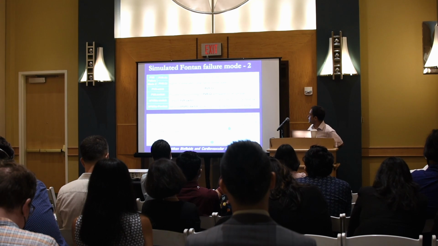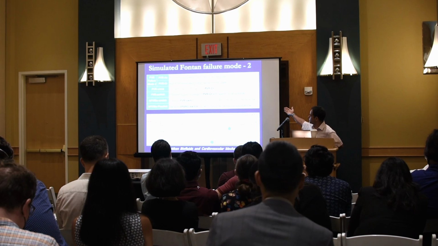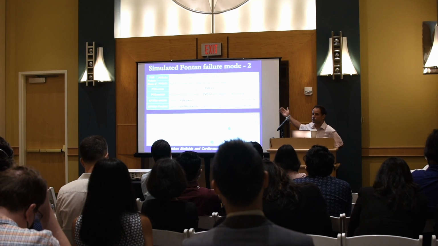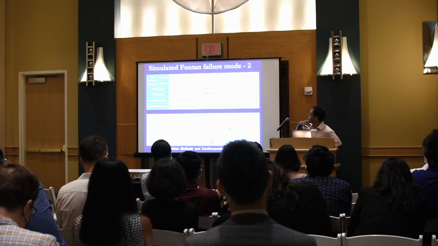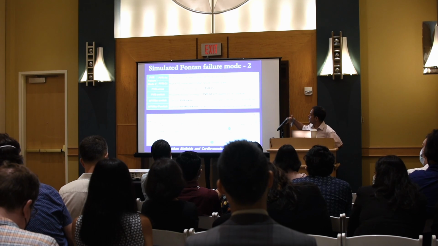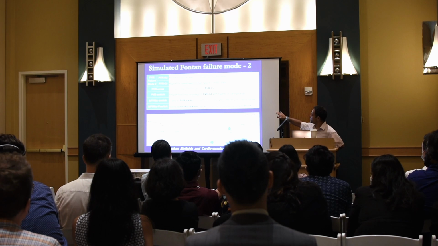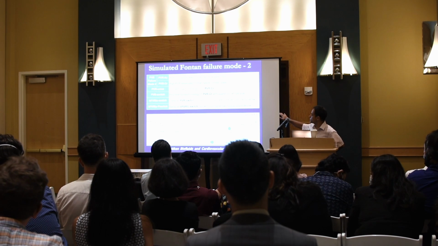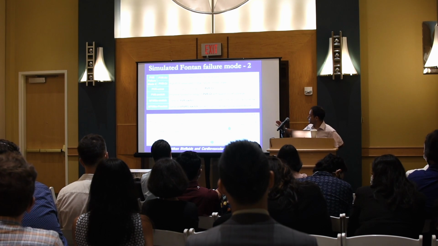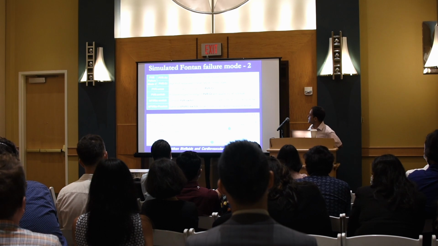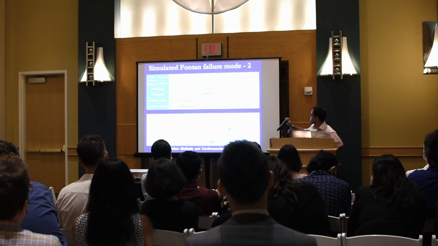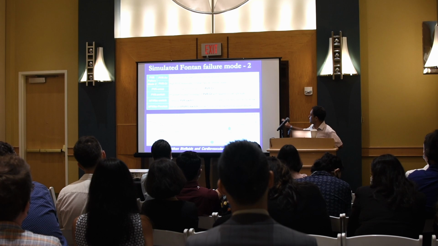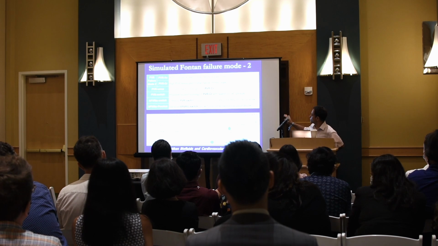In the second Fontan failure mode, we have high pulmonary vascular resistance. Again, we have acute and chronic phases of this failure mode. Here, the conventional support strategy is a right ventricle assist device. And again, we use the switch operation for this failure mode also.